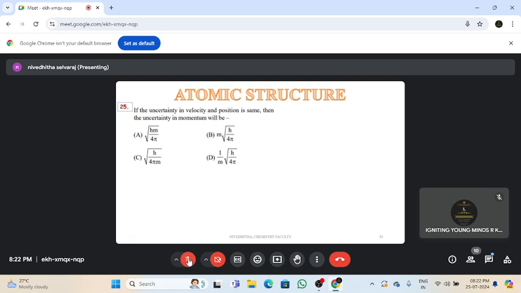Uncertainty in velocity and uncertainty in position are same, then what is the expression for uncertainty in momentum? Again, the question is from Heisenberg's uncertainty principle, right?